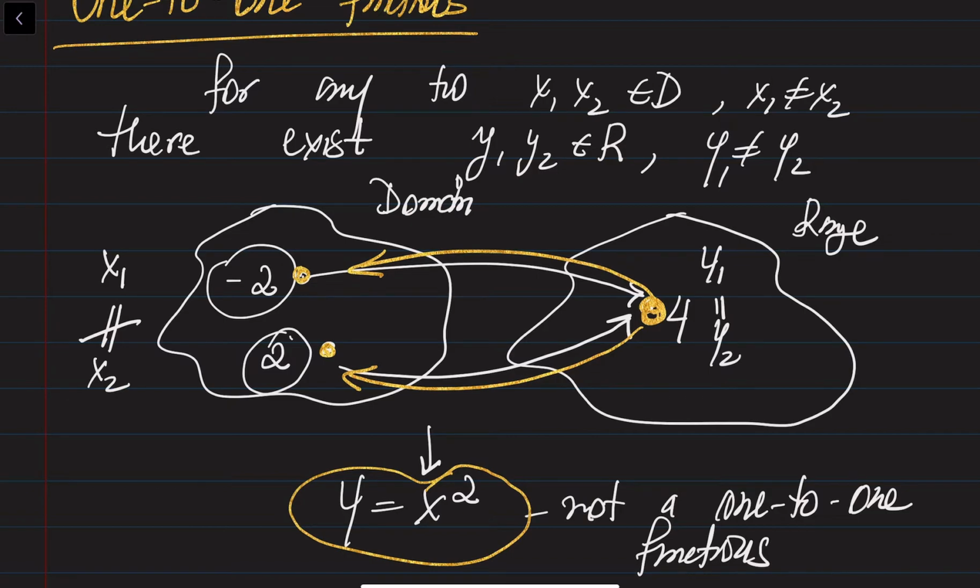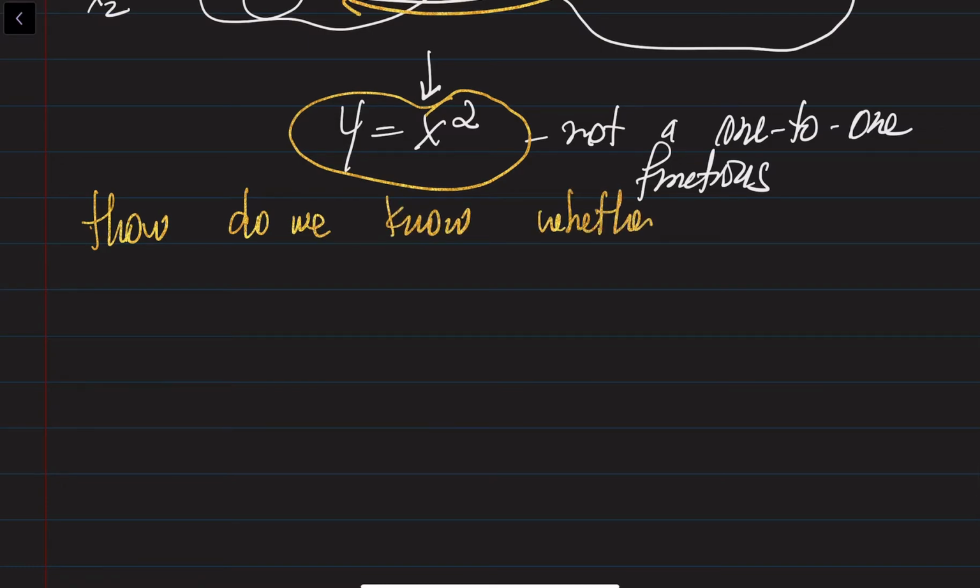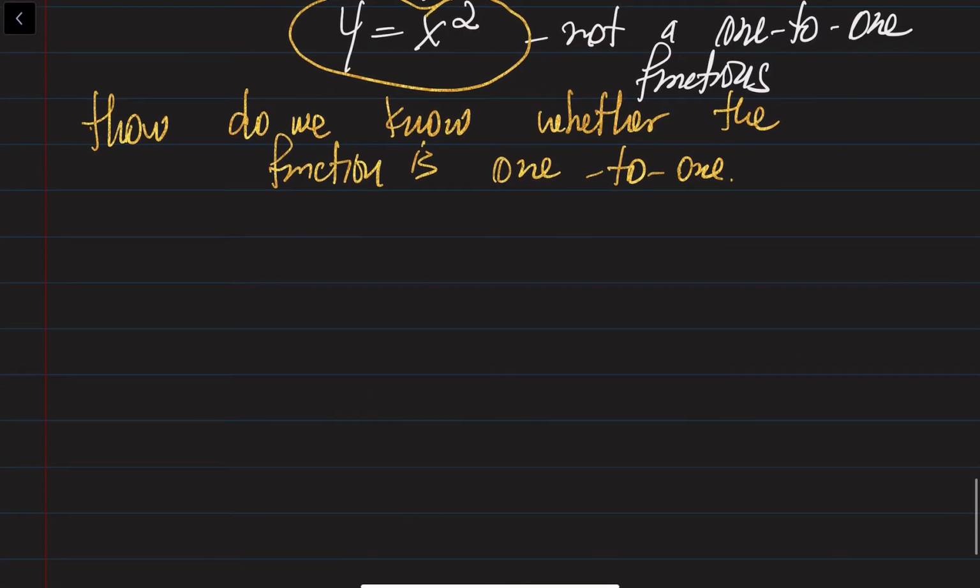So how do we know whether the function is one-to-one? Well, we can do this using the so-called horizontal line test.